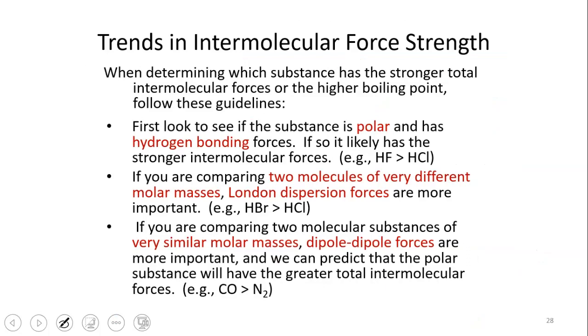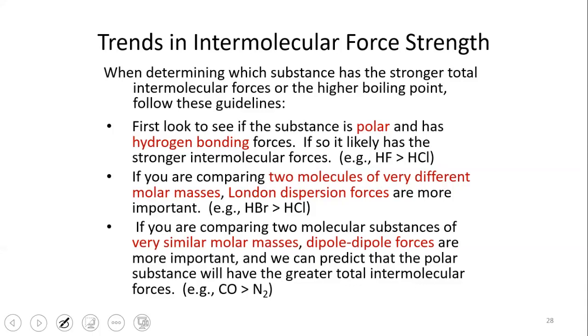Let's follow these guidelines. First, examine the substance, and you may have to draw the Lewis structure to determine if the substance is polar and if it is capable of hydrogen bonding forces. If so, it likely has the stronger intermolecular forces, and as a consequence, the higher boiling point.